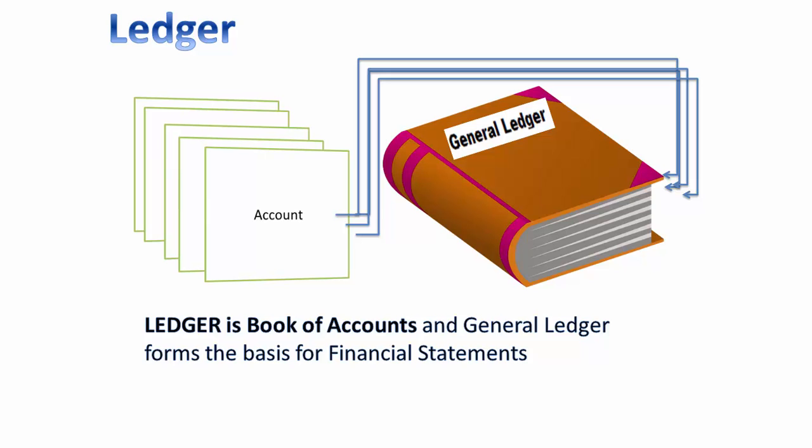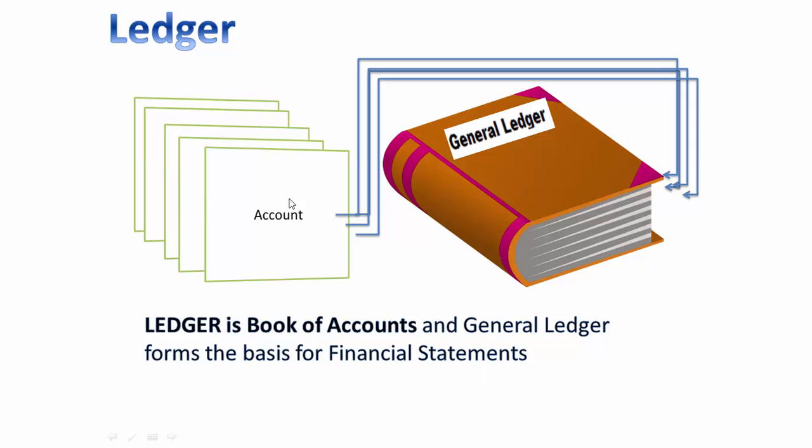Okay, so all these accounts that we talked about, right? Every account you put into a book and record in a book, that book is called a ledger, and the general ledger forms the basis for financial statements.